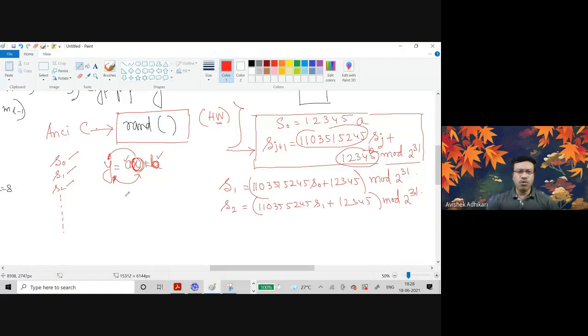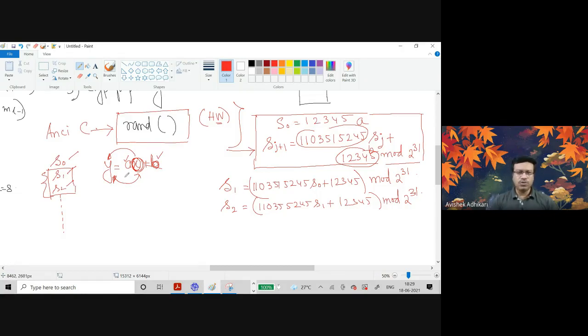Suppose you know 2 consecutive values, say S1 and S2. Will you be able to find A and B?